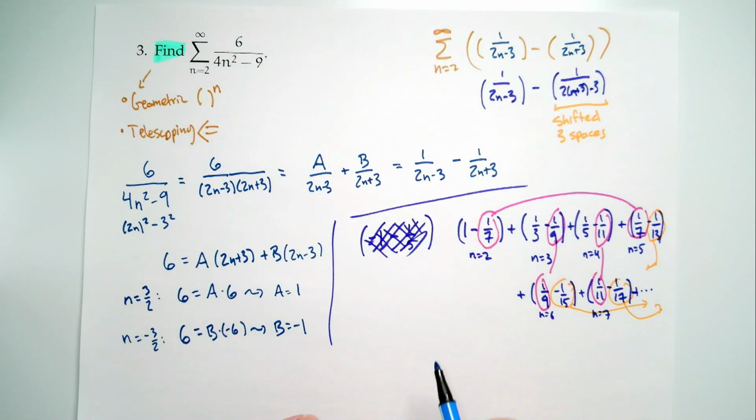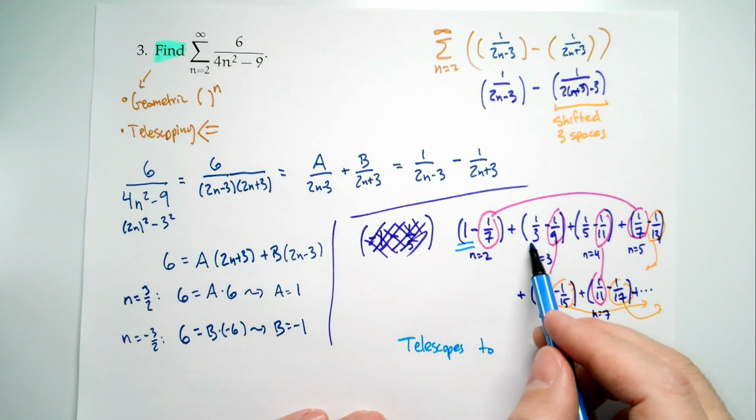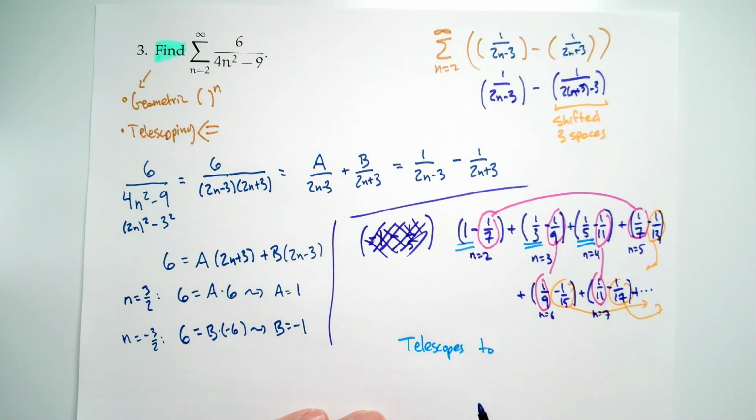So what happens is it telescopes, and the end of the series goes to 0 in the partial sums, so the only things that are left are from our first 3 pieces, because they didn't cancel with anything. So 1 plus 1 over 3 plus 1 over 5.